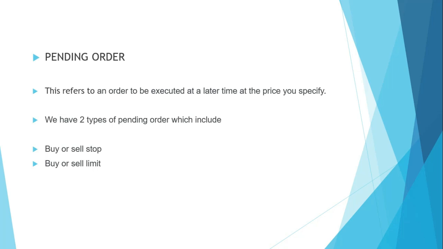Now let's look at a pending order. A pending order refers to an order to be executed at a later time at the price you specify. Maybe you are a busy person and you get up in the morning, open your laptop or smartphone, look at the price and the market analysis, and you say, oh, Euro USD is at this price, maybe 1.0085, and by 12 noon Euro USD will be at a higher price.